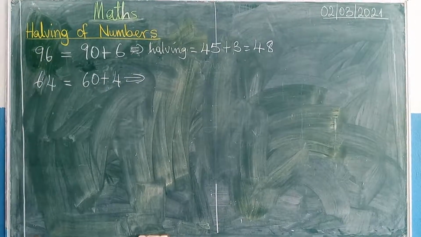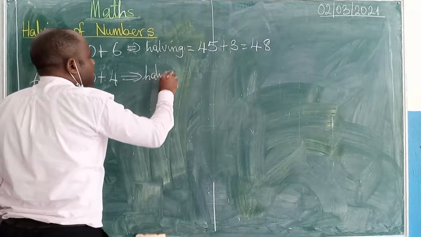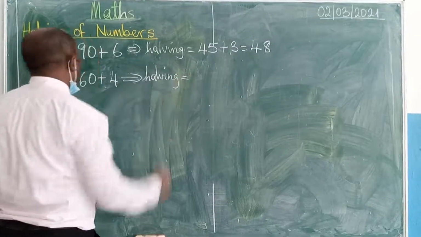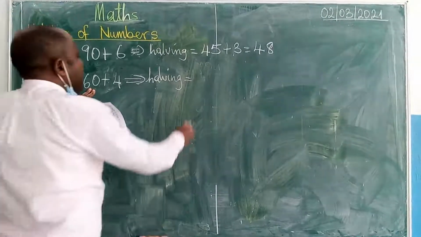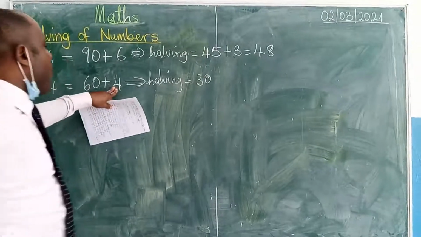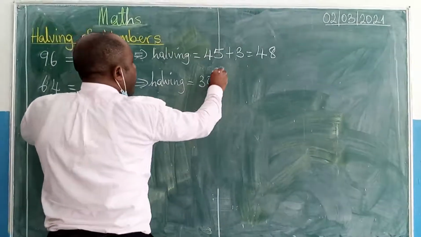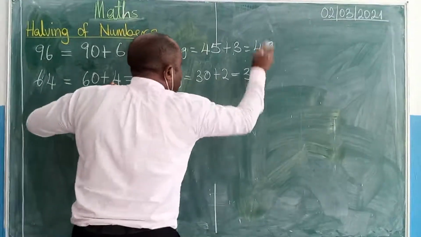So, halving 64, we shall have that the half of 60 is 30, and the half of 4 is 2. So plus 2. This gives me 32.